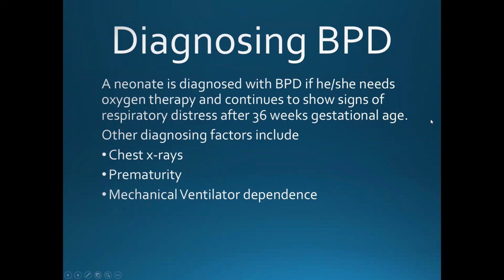So premature, ventilator and oxygen. And then going to 36 weeks of gestation, are they still requiring oxygen? Yes, then they're diagnosed as having BPD. Is that good? So you don't have to memorize mild, moderate, and severe.